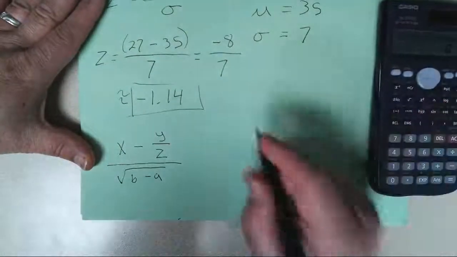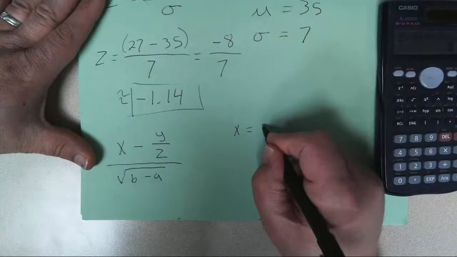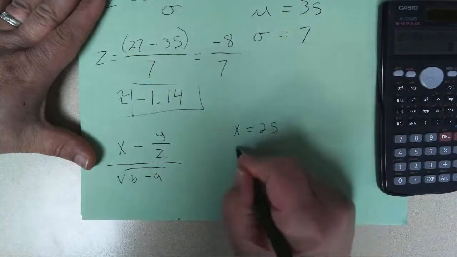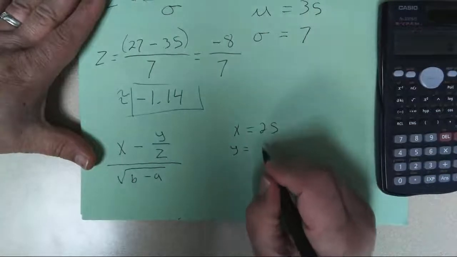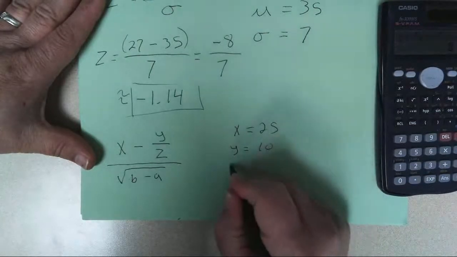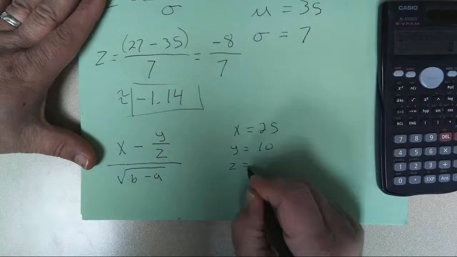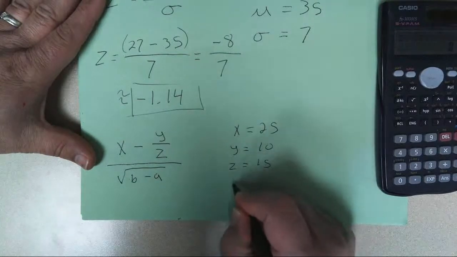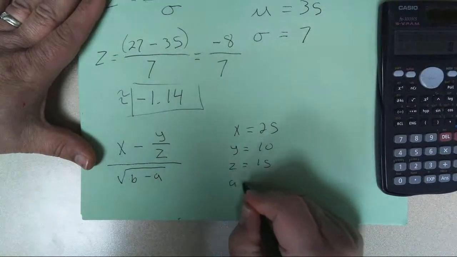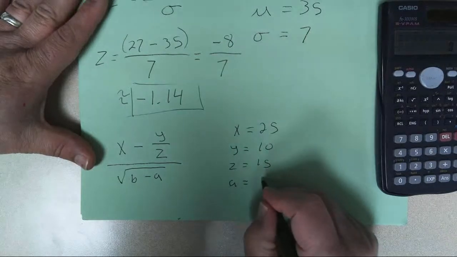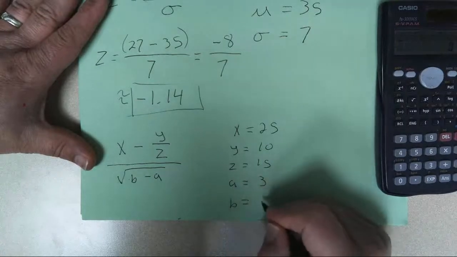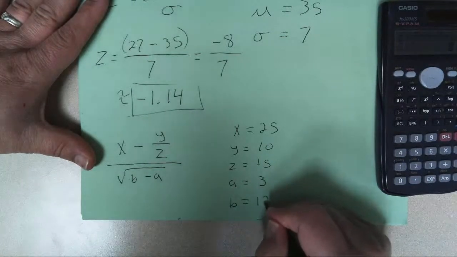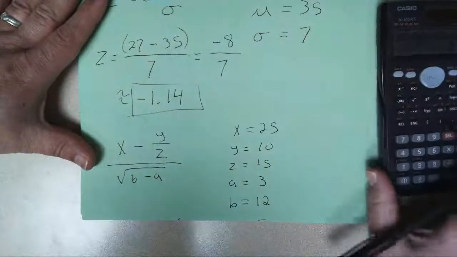Okay, so I need to put in some numbers here. So let's say x is 25, y is 10, z is equal to 15. We'll say a is equal to 3, and b is equal to 12.